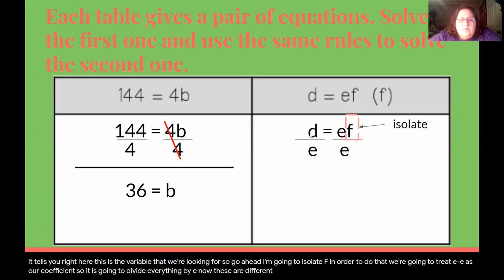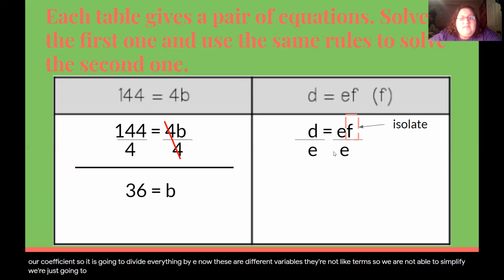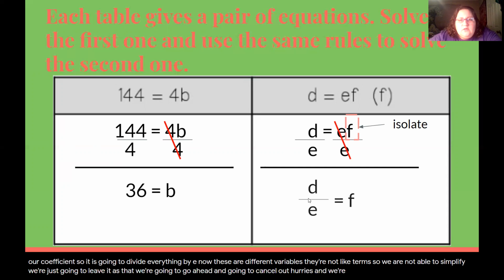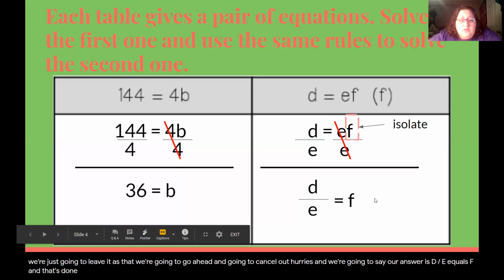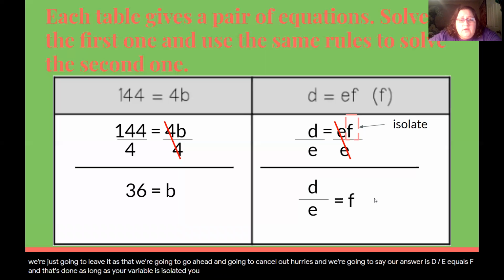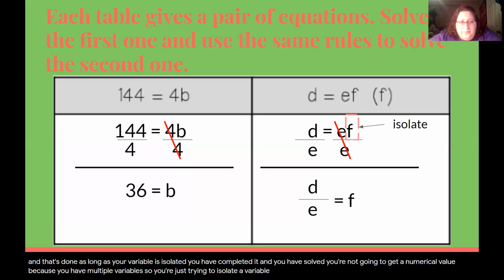These are different variables, they're not like terms, so we are not able to simplify; we just leave it as that. We cancel out our e's, and our answer is d over e equals f. And that's done. As long as your variable is isolated, you have solved. You're not going to get a numerical value because you have multiple variables. You're just trying to isolate a variable.